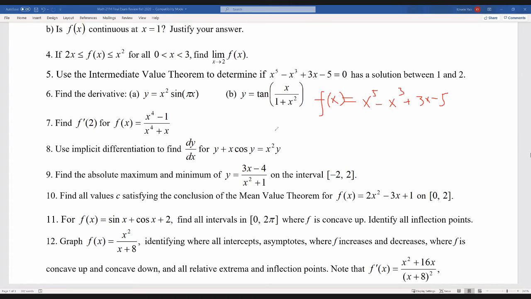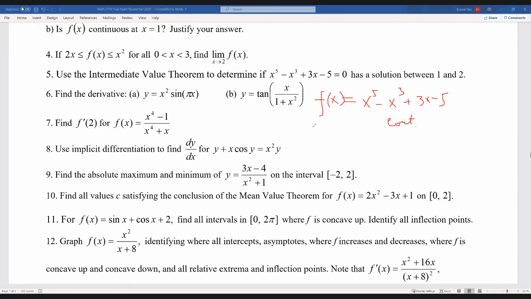So this function is continuous, don't forget, okay? Continuous, because a polynomial is continuous everywhere, right? Of course, this function is continuous between 1 and 2, right? So this function is continuous everywhere.